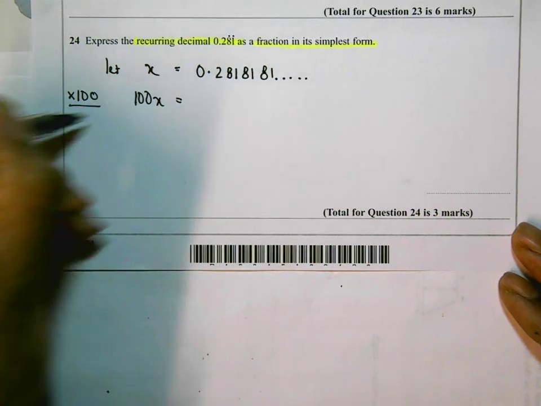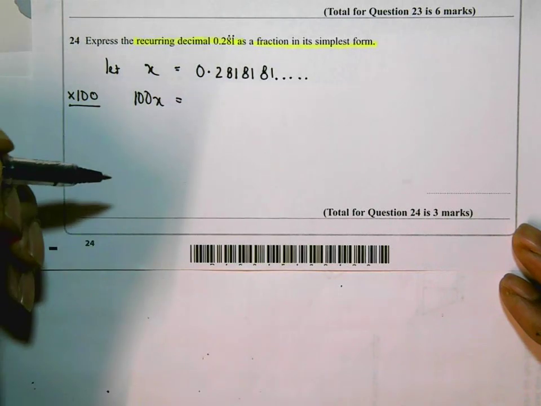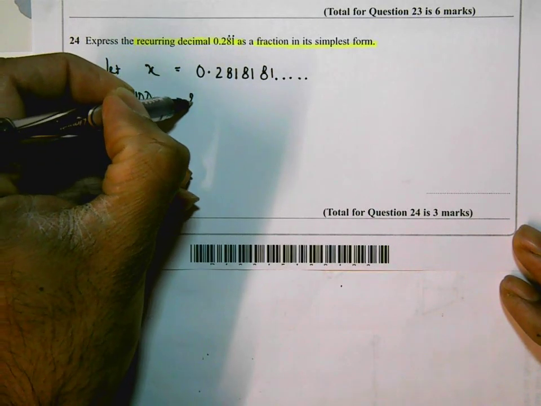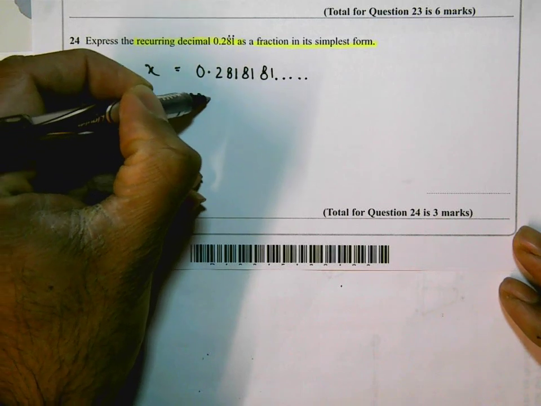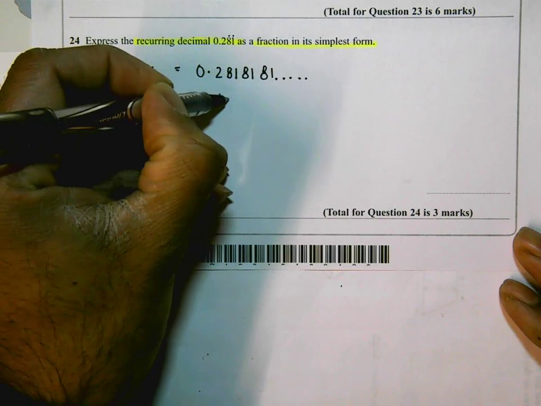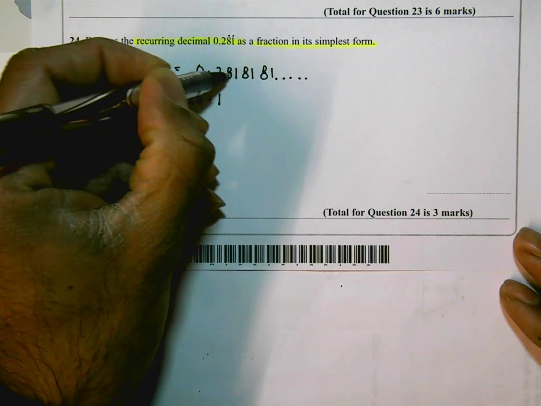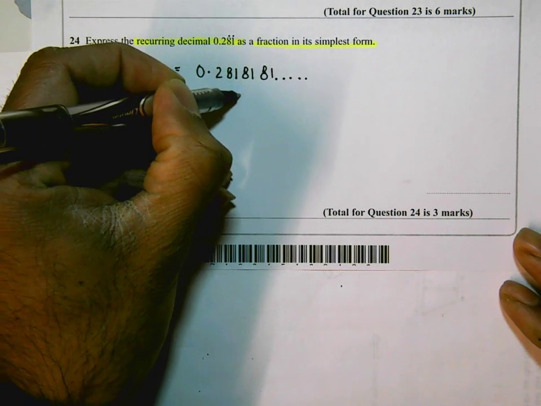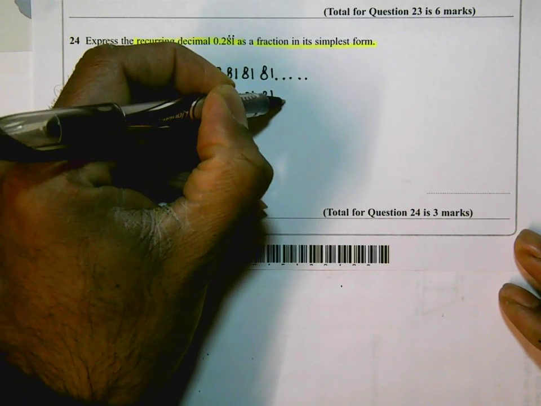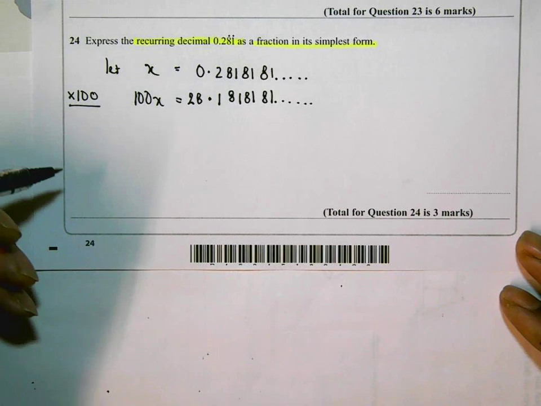If I times x by 100, I'll get 100x. If I times this by 100, I'm going to get 28.1818181, and so on. Now, I don't know if you've noticed what's happened.